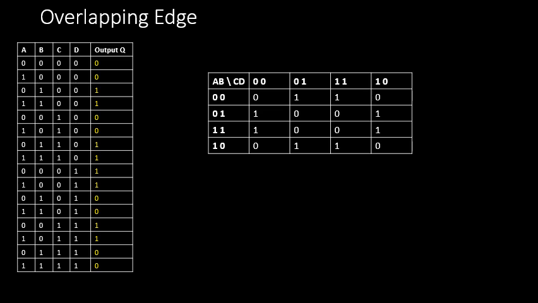I want to explore this idea of the overlapping edge that we might have. Now it looks at first glance that we have 4 groups of ones here, so 4 boxes. We might have a box indicated here, a box indicated here, a box indicated here, and a box indicated here.